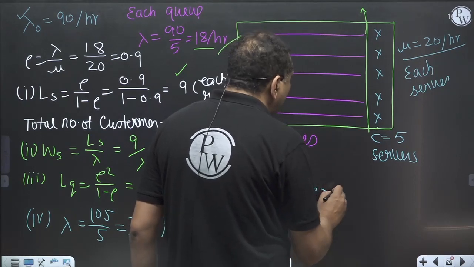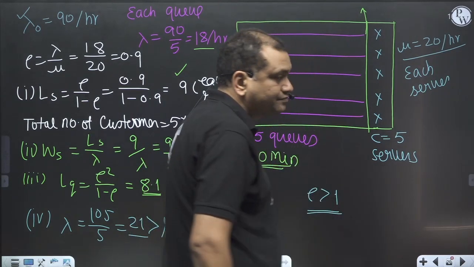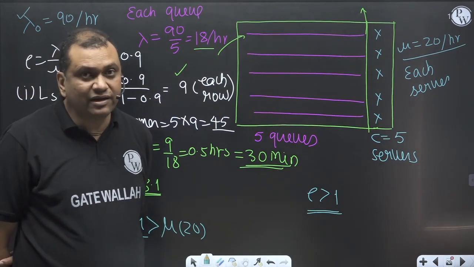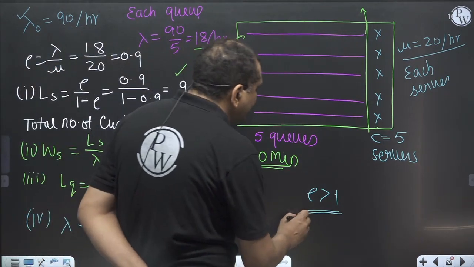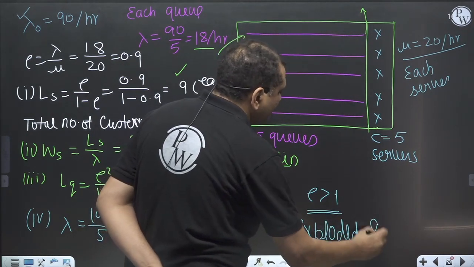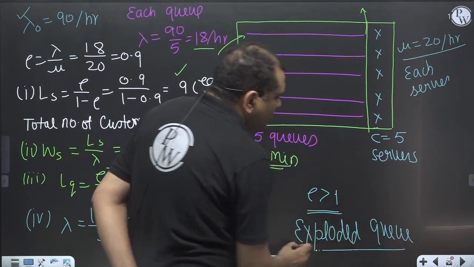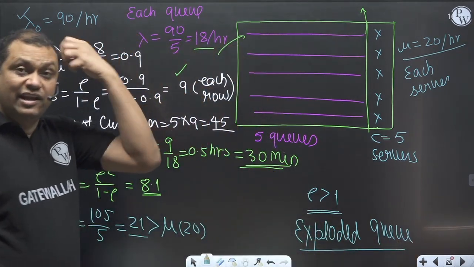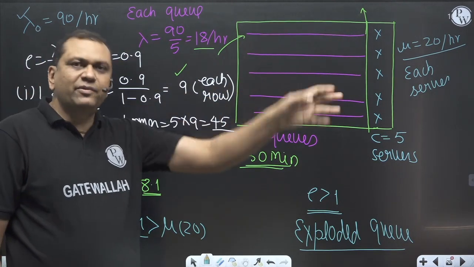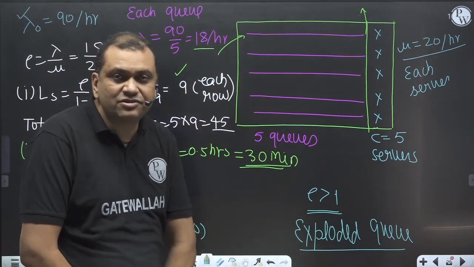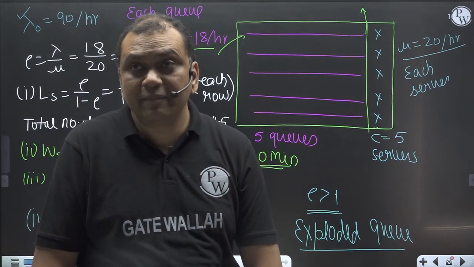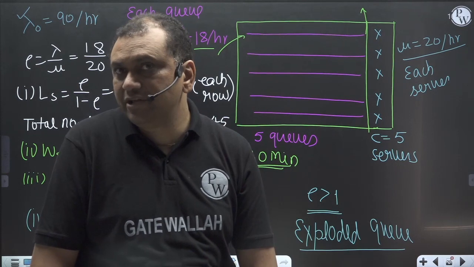So rho will be greater than 1. So the queue will be an exploded queue. Exploded queue means the queue will never be exhausted and it will keep on continuing. So if lambda is 105, it will be an exploded queue.